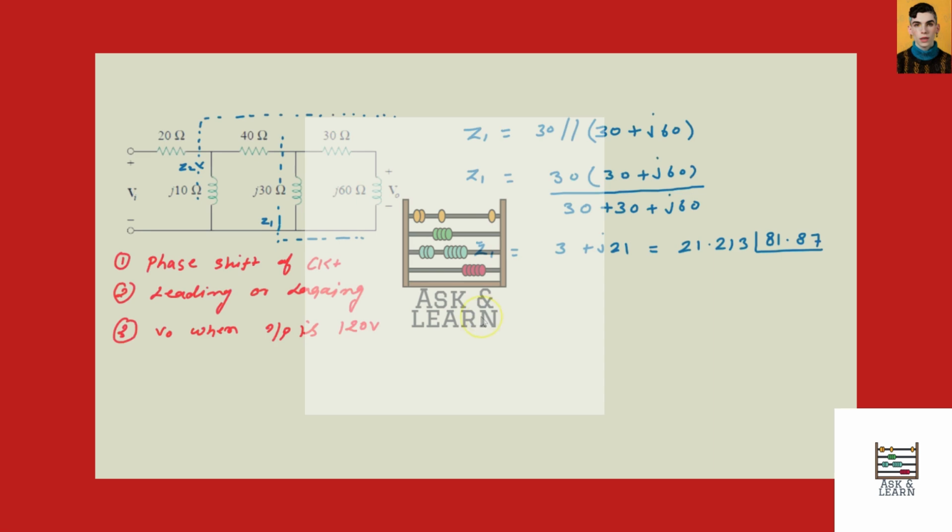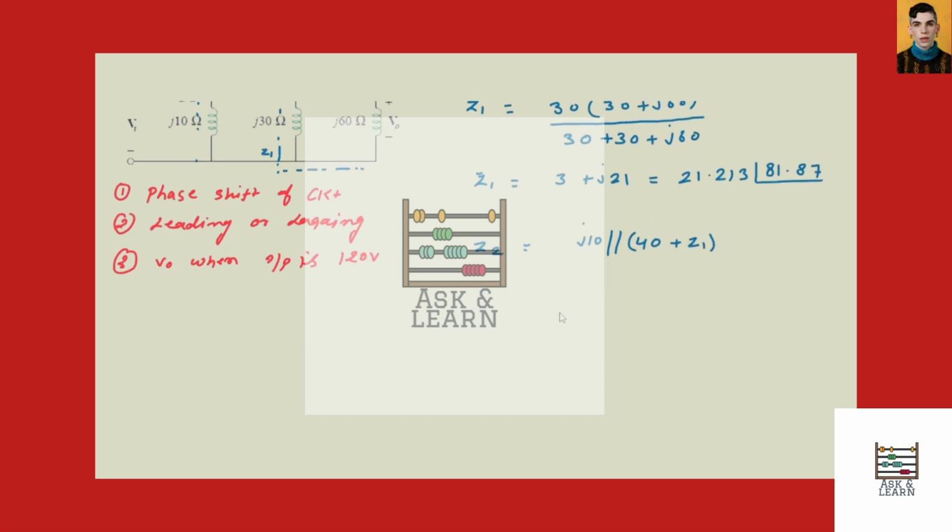Fine. And now we have to calculate the impedance Z2 for this circuit, right? So the total impedance Z1 is in series with the 40 ohm resistor. So Z2 equals 40 plus Z1, and it is connected in parallel with j10 ohm.